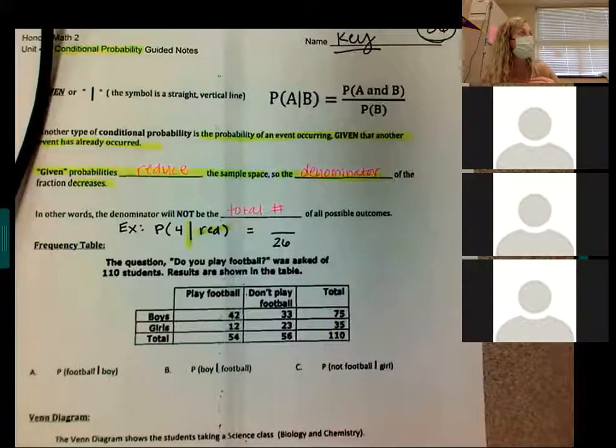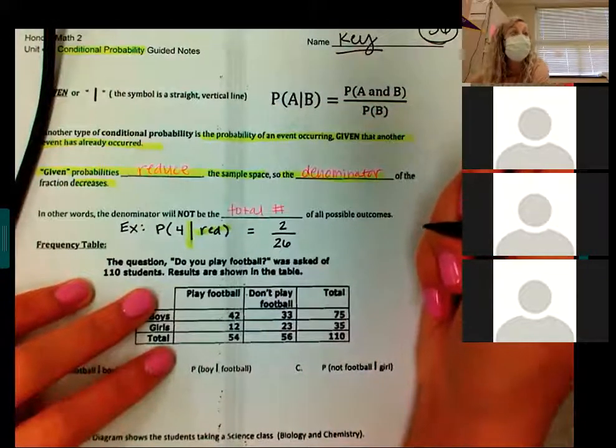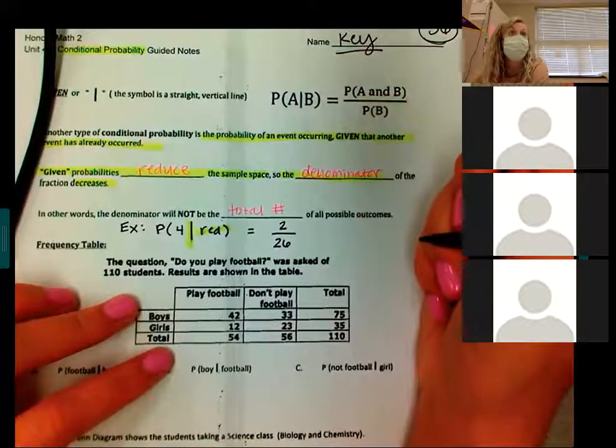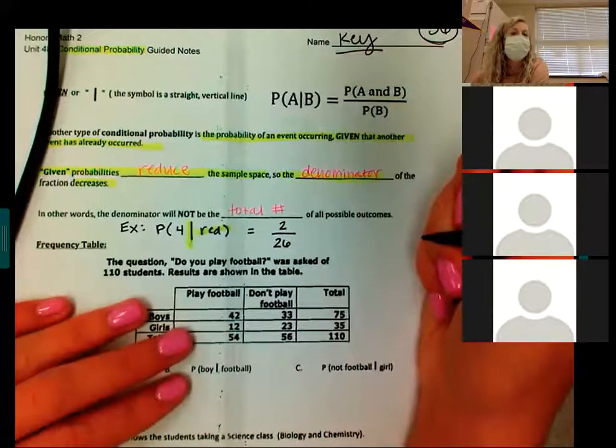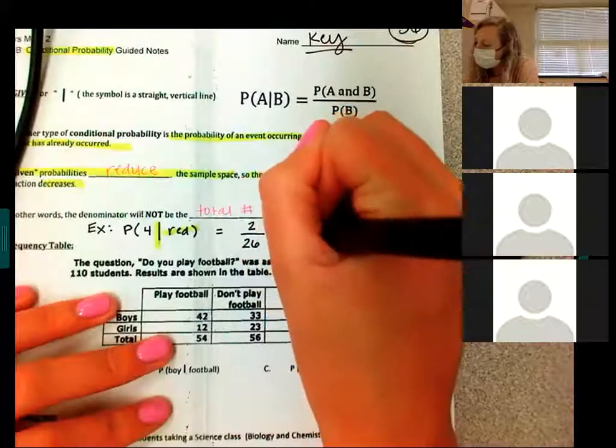Why? There's only 2 red 4s, right? The 4 of hearts and the 4 of diamonds. That given red means it has to be red. That's the condition. What is 2 over 26 reduced to? There you go. Good job, y'all. 1/13.